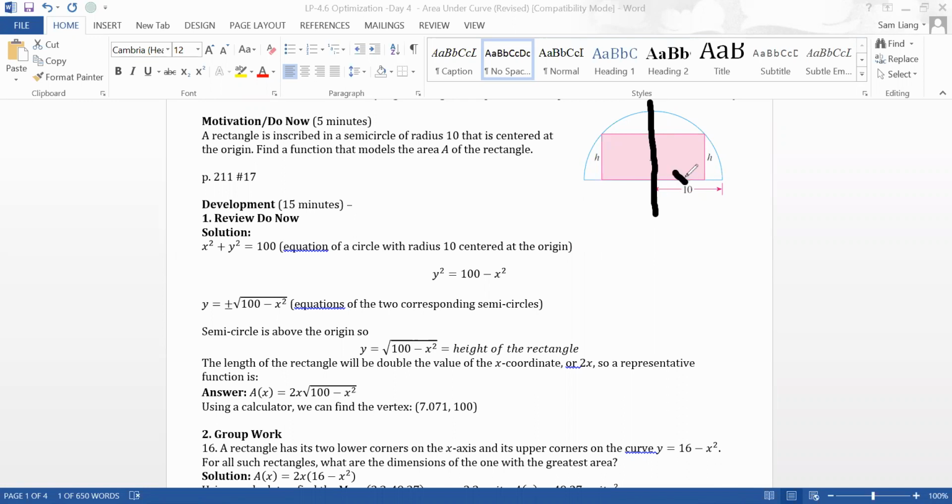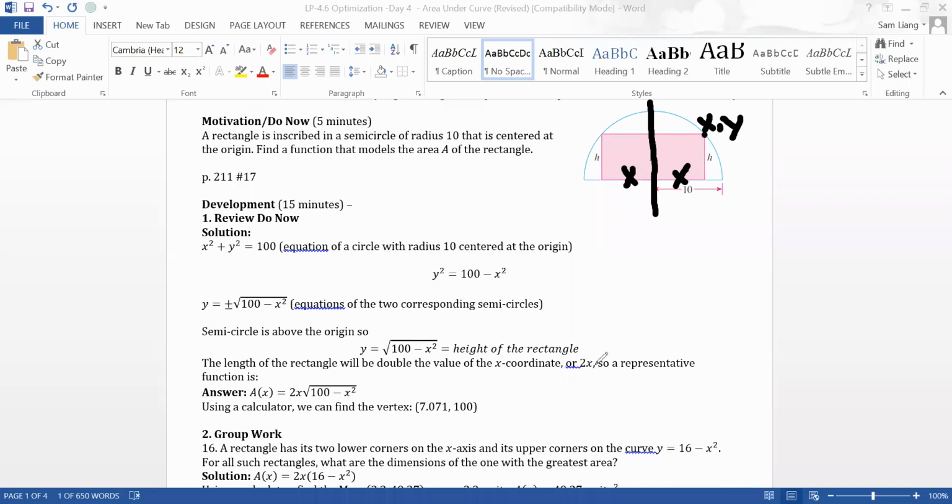If we have an x coordinate, like this point x comma y, then this distance is equal to x, and this distance is also equal to x. I know this is technically negative x, but the absolute value, the distance, is equal to x.